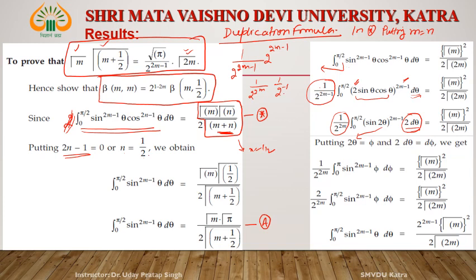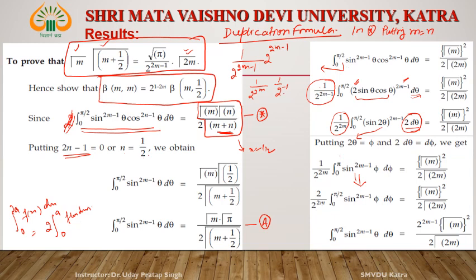Now see, we know that the integral from 0 to 2a of f(x) dx is equal to 2 times the integral from 0 to a of f(x) dx. Apply this result here. So this becomes 2 divided by 2 to the power 2m, integral 0 to pi by 2.